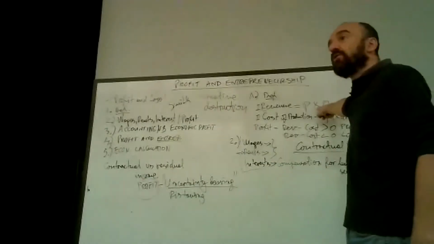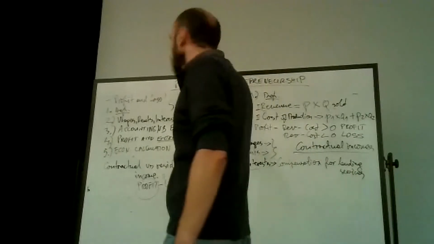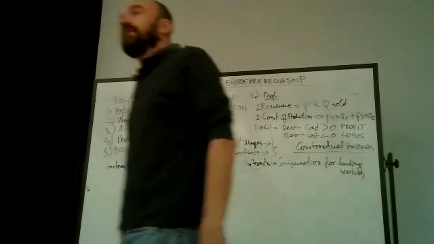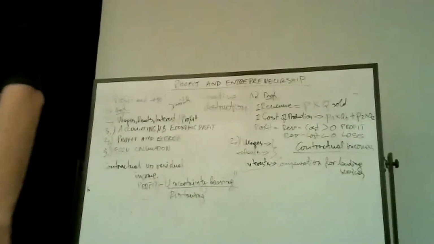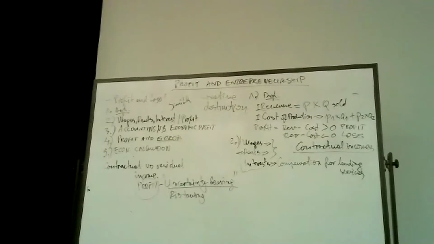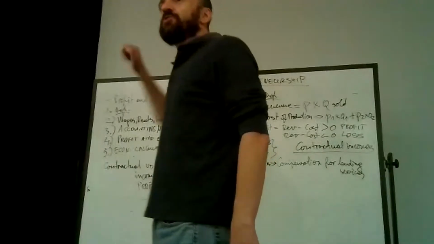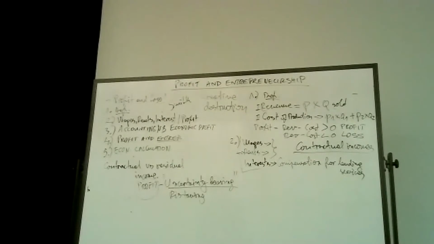So whatever widgets you sold on the market and earned revenue enough for you to earn the profit are more valuable to society than the sum total of electricity and wage labor and raw materials and office space and so on that you used up in the process. Society values what you produced more than what society sacrificed for you to produce that. How do we know that? Because we have a unit of measurement, which is called money, monetary calculation.